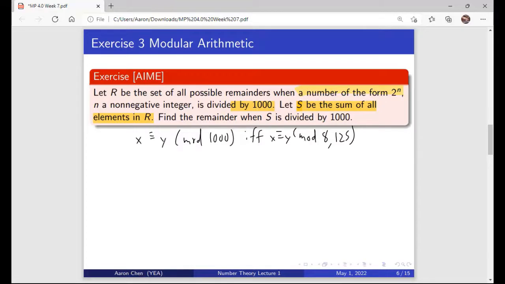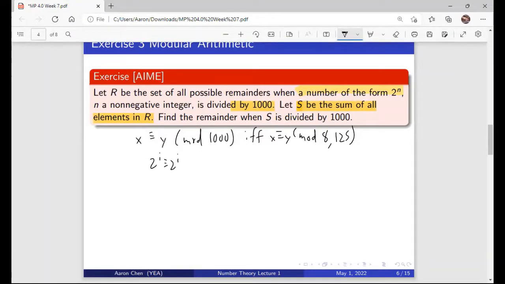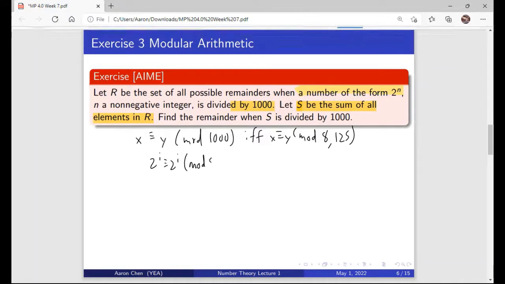Now what we want to find is the first two numbers i and j such that 2^i is congruent to 2^j mod 8 and 125.